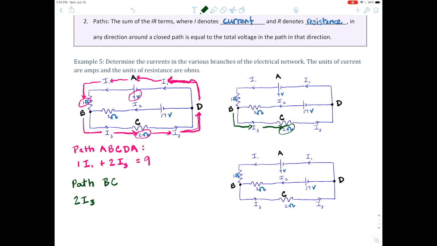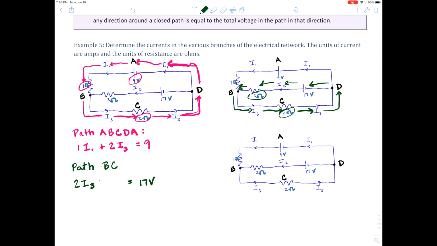Cool so far. Then we keep going around, get to D and turn the corner, and you see I've got 17 volts there. When I finish this, it's going to equal the voltage. But we're going to hit another ohm: we have our 3 ohms, and then it ends up back at B.